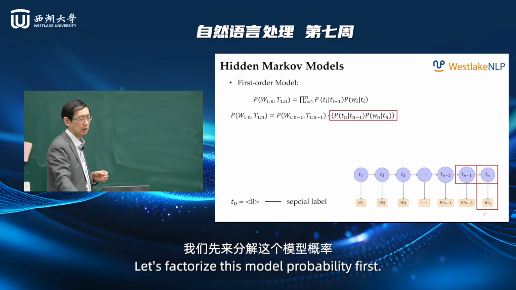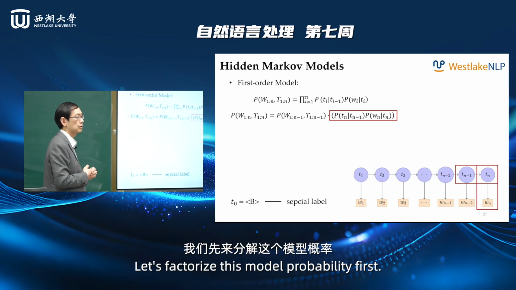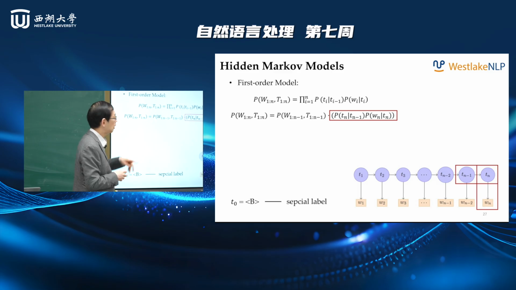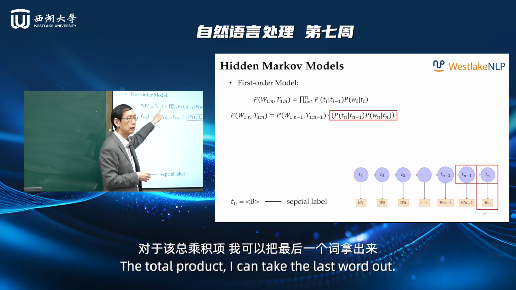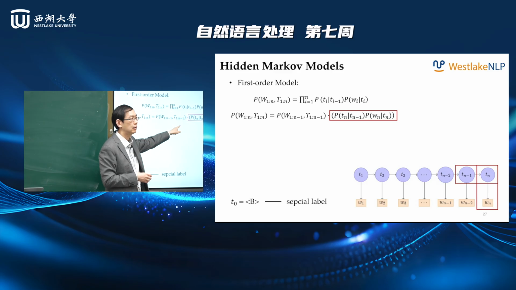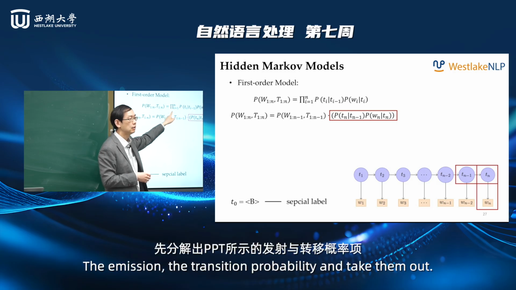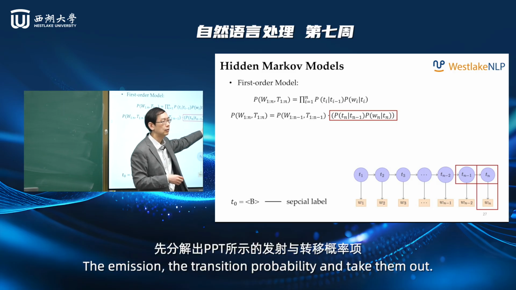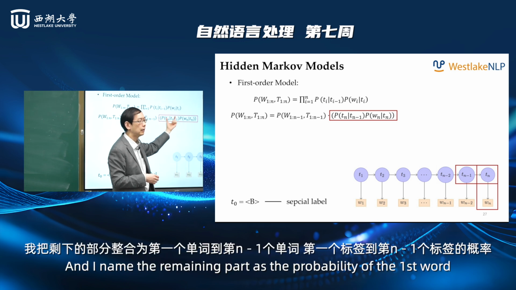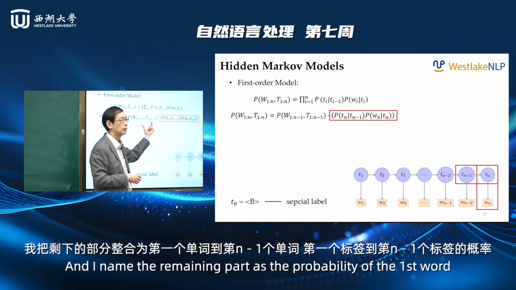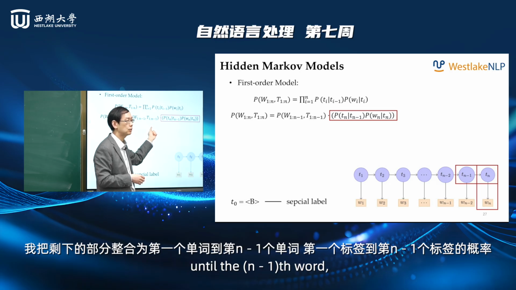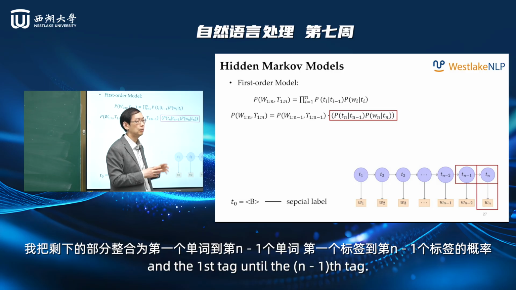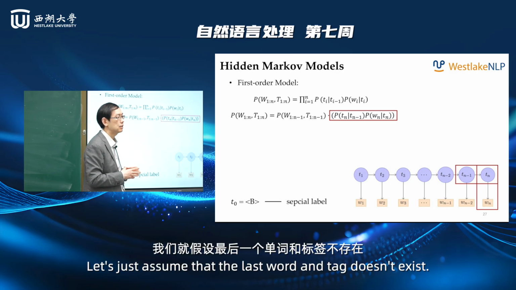Let's factorize this model probability first. In the total product, I can take the last word out: the emission and the transition probability. I name the remaining part the probability of the first word until the n-1 word, the first tag until the n-1 tag. Let's just assume that the last word and tag pair doesn't exist.